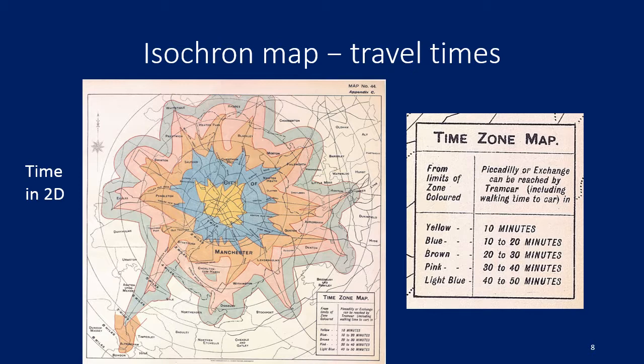For example, the yellow area, that's the travel time of 10 minutes. Where can you go within 10 minutes? And the blue area shows where you can go within 10 to 20 minutes. So again, this is showing time, and it's showing it in two dimensions.